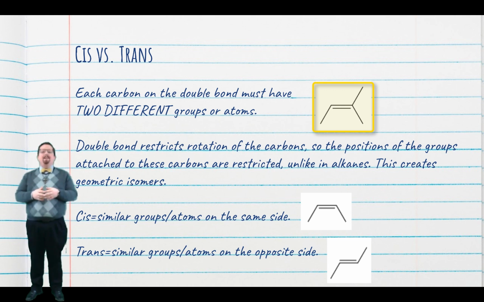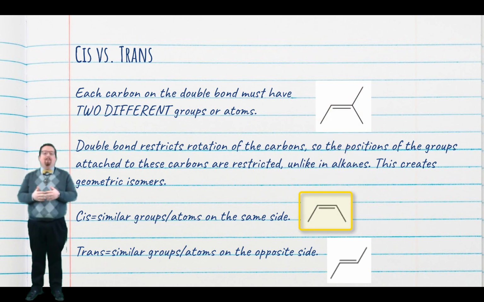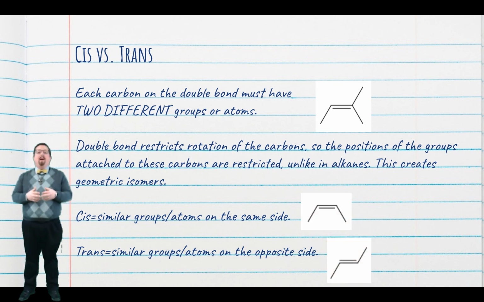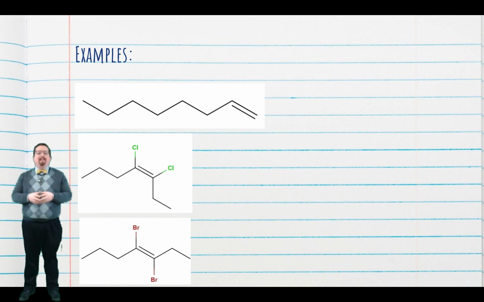We name these based on where the similar groups or atoms are. If they're on the same side, we call it cis. If they're on the opposite side, we call it trans. This indicator goes right before the number that indicates what carbon the double bond is attached to, right before the root name. So let's do some examples.